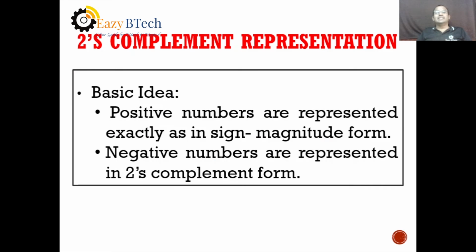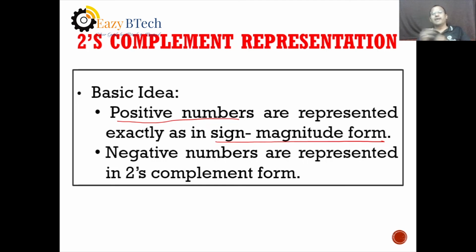Now we will see the two's complement representation. Here also the important thing is that positive numbers are represented exactly as in signed magnitude form. So there is no difference, whatever representation we use, all positive numbers are represented in the same way.